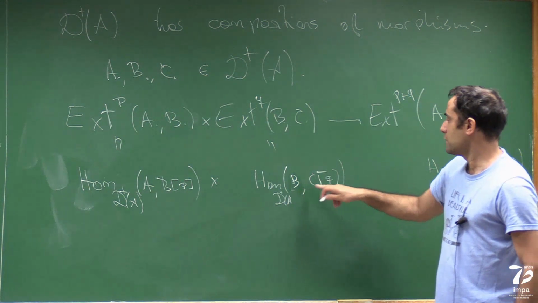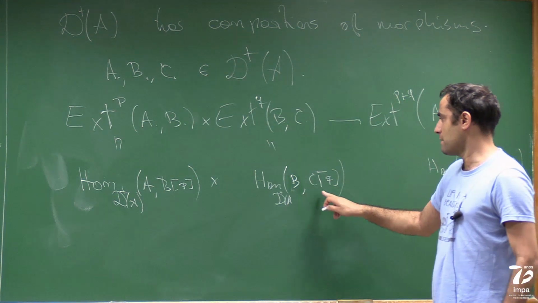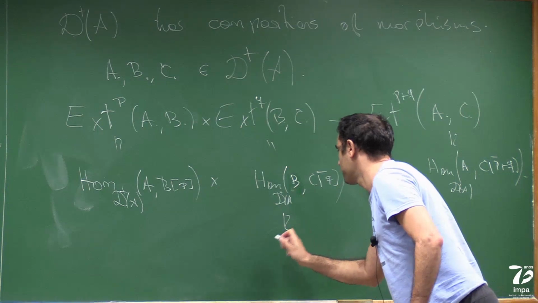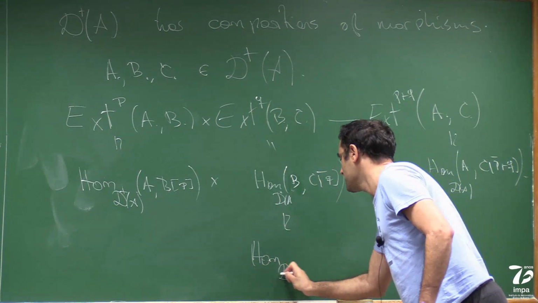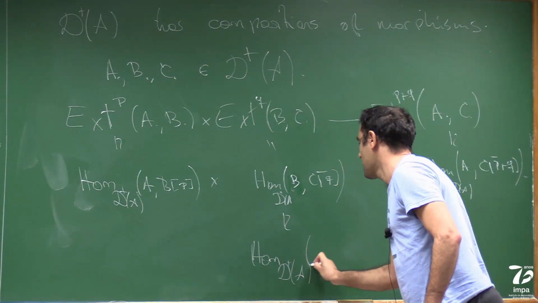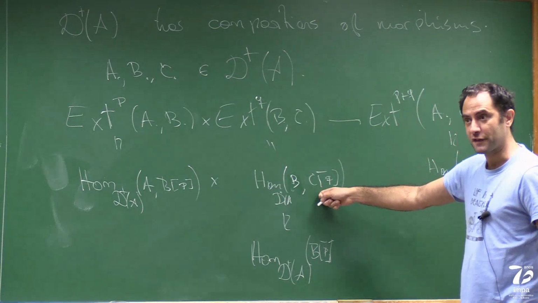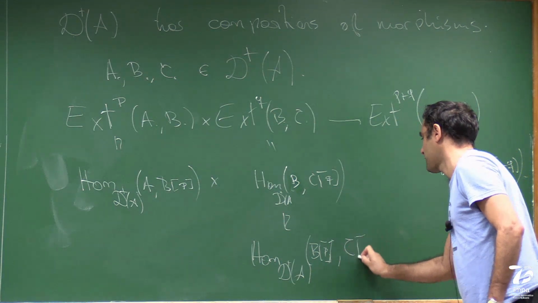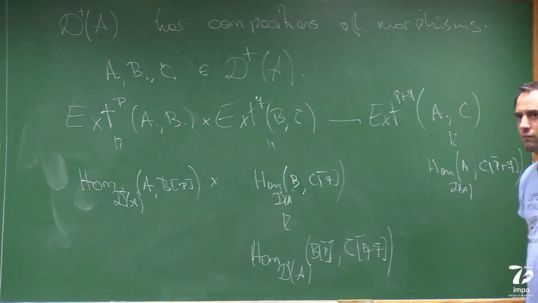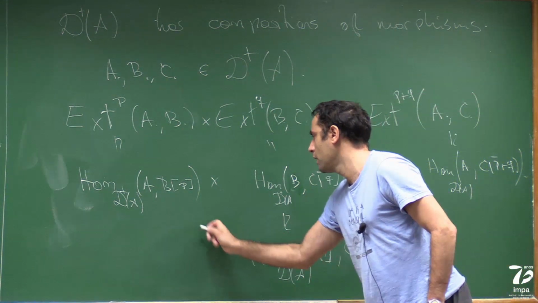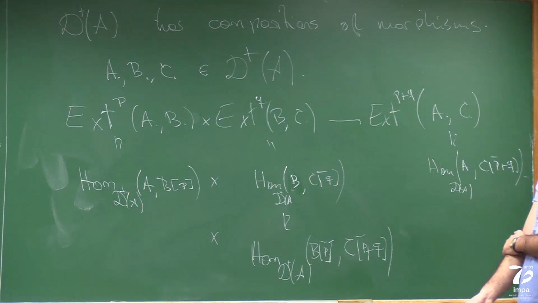But now, shifting is an equivalence of categories. So in particular, I have that Hom_D(A, B) is the same thing as Hom_D between A shifted by P and B shifted by P, which is the same thing as C shifted by P plus Q. And now, something here is a map from A to B[P].